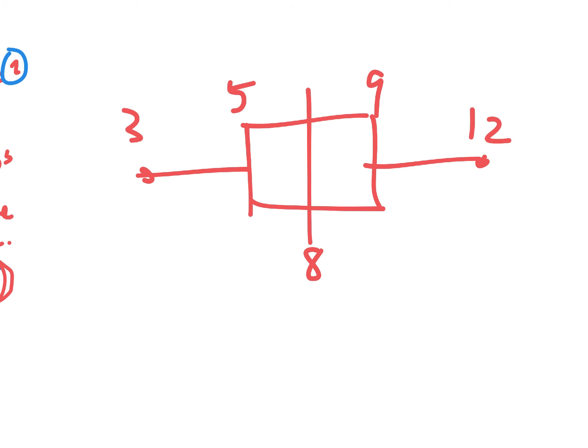One of them would be, if this was the weight of the children, what was the smallest child that we had? A 3-pound, must have been a little premature baby. And then the biggest child we had was a 12-pounder. Okay. And was this the average? No, it's not the average. What's that? You guys remember?